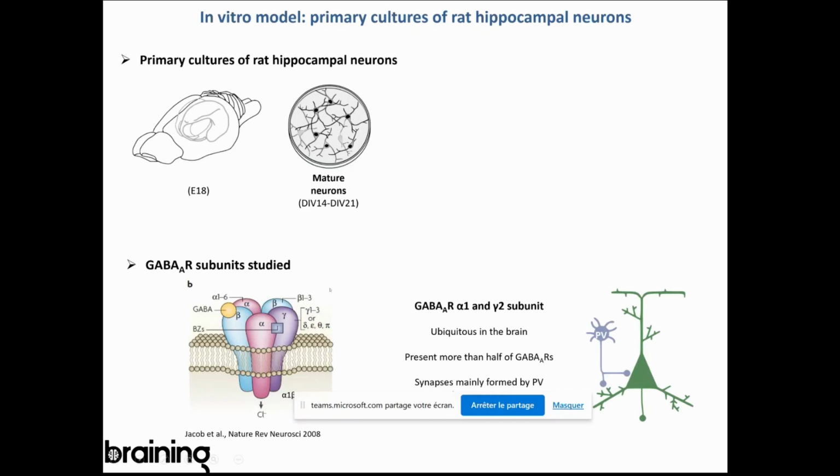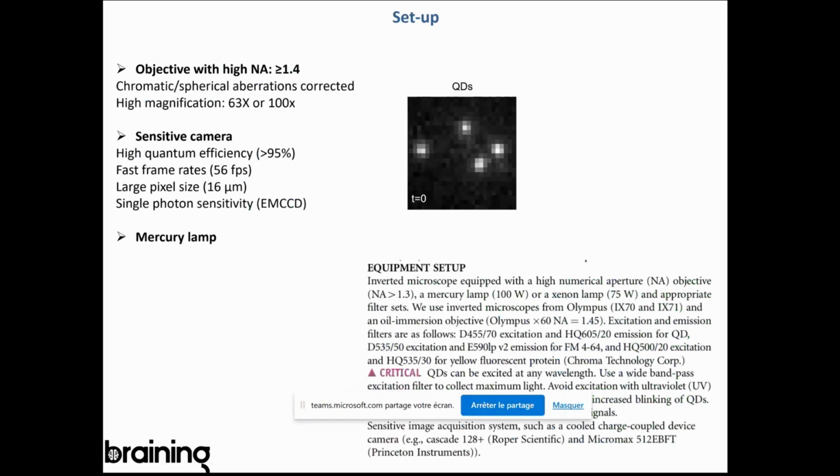The main subunits we are looking at are alpha-1 and gamma-2, the ones that you can find at the most important inhibitory synapses. So to do quantum dot based single particle tracking, since this is a single molecule localization microscopy technique, you need an inverted fluorescence microscope equipped with a very good objective to be able to capture a very dim signal.